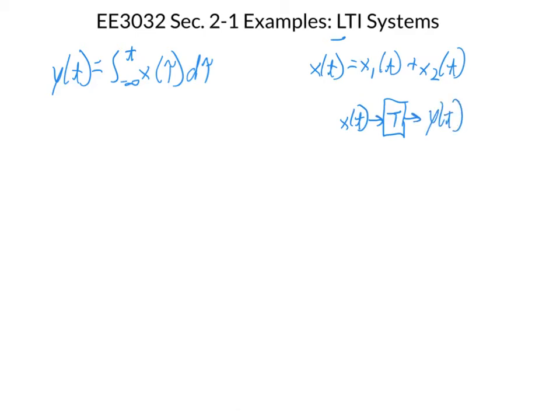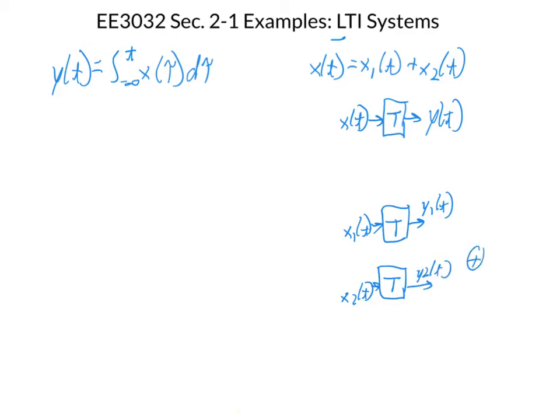For analysis purposes, if the system is linear, and specifically if it is additive, we can make two conceptual copies of the system and put the signals separately into each of them. This should be an easier analysis problem, and I get output 1 and output 2, and then I add those together.